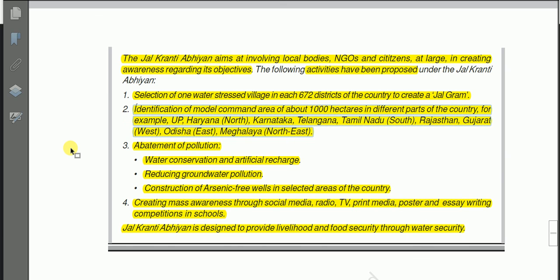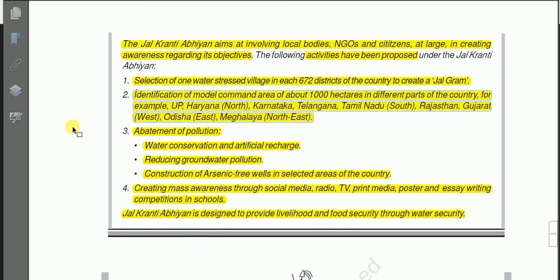So the second point is identification of model command area of 1000 hectares in different regions in India. Examples are also given here. Command area means the area to be served.